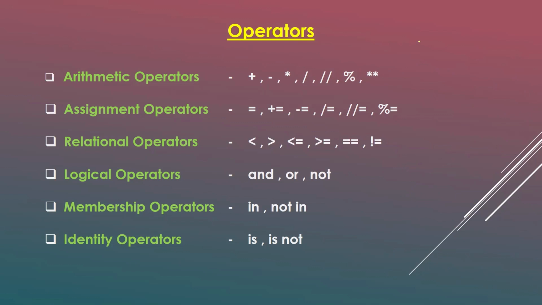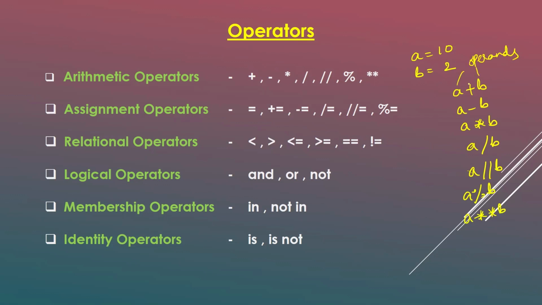Now, let us create two variables: A = 10, B = 2. Now I am applying these arithmetic operators on these two variables. Let us say like this: A plus B, A minus B, A into B, A forward slash B, A double forward slash B, A modulus B, A star star B. Here, these are called operands, and these symbols we call operators.